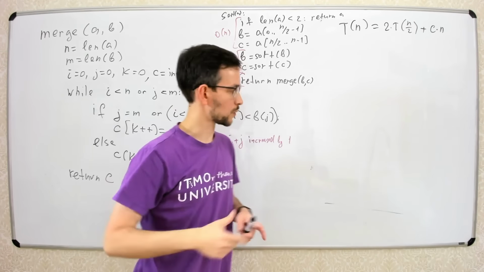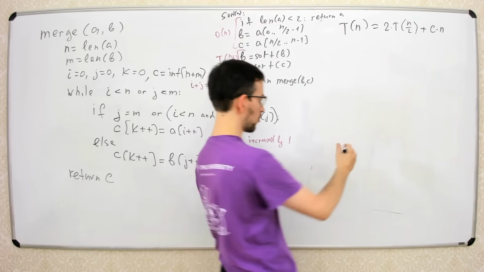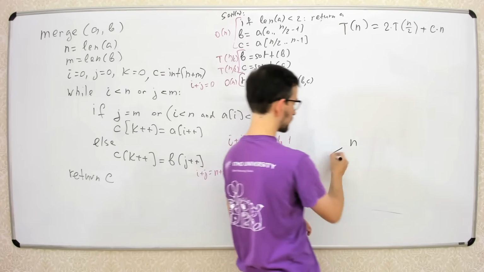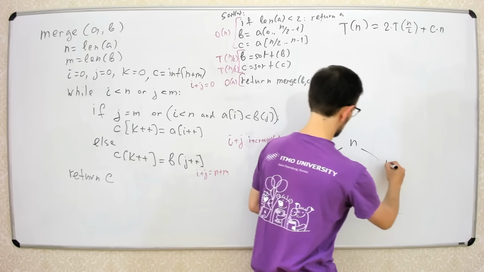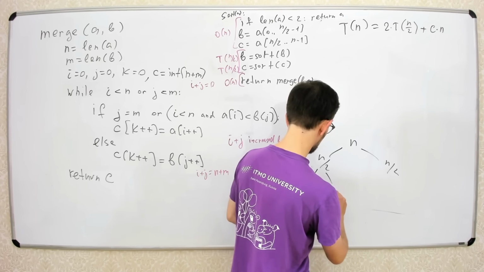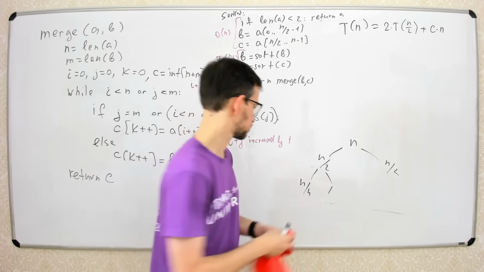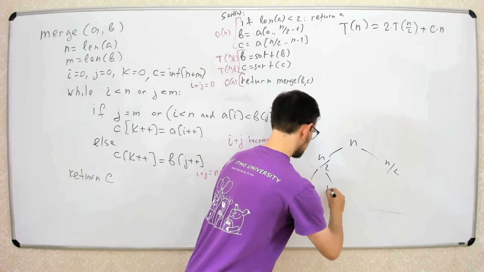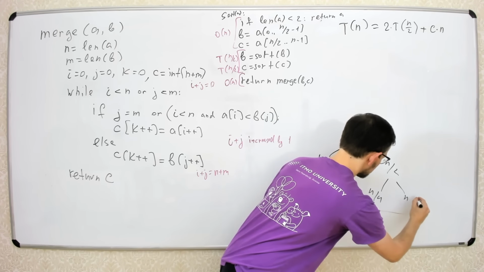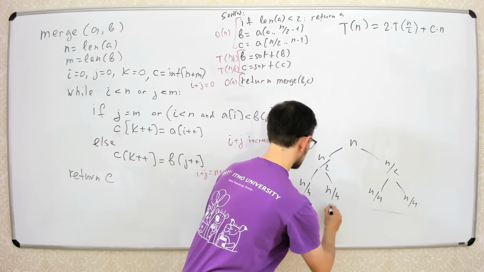So we have a recursive call of the whole array of size n. And then we have two recursive calls of size n over 2. Then we have 4 recursive calls of size n over 4. And so on.